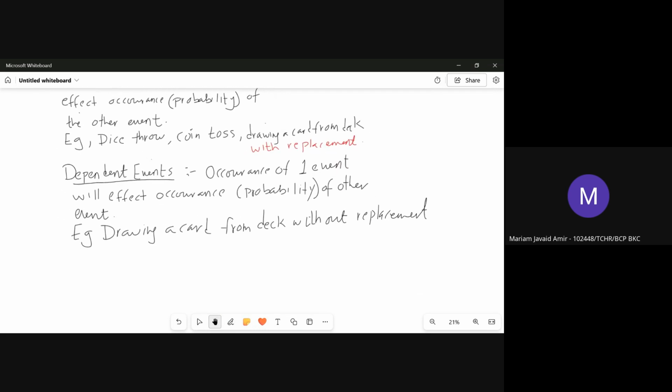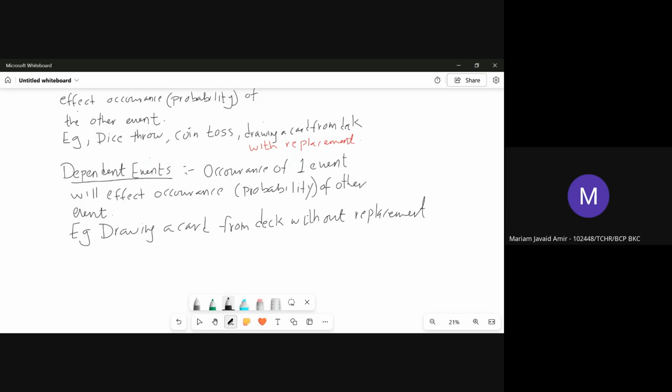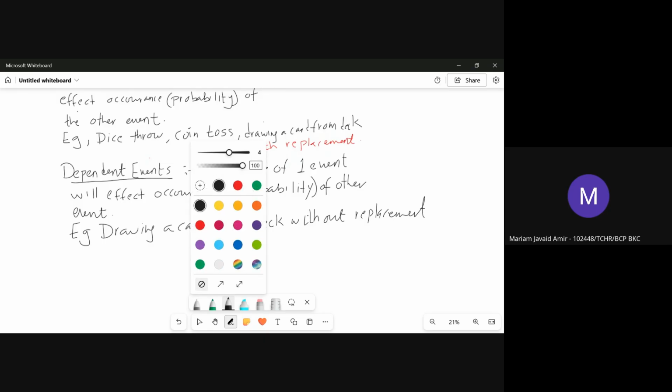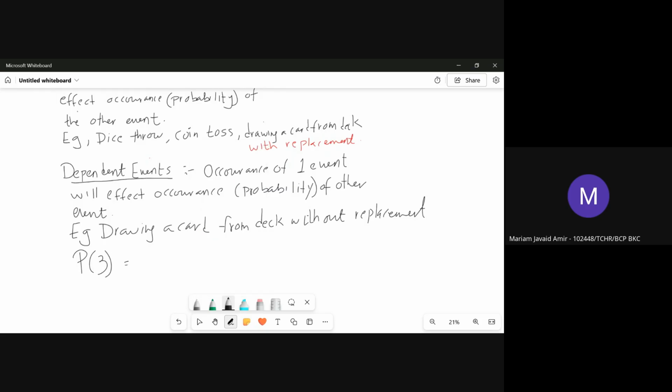Okay, so now if you're looking at probability of getting a 3, तो बल्कि I think पहले मैंने शायद गलत बोल दिया. 4 3s होते हैं ना, तो 3 आने की probability होगी 4/52. I think पहले मैंने शायद 1/52 बोला, वो गलत बोला था. 4/52 होगी.